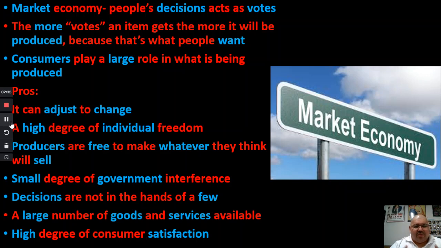So with the market economy, you and me, consumers, we play a huge role in what is being produced. Now, what are the good things about a market economy? First thing, it adjusts to change. Whenever people are like, oh man, I really like this, I really like that, things shift. The fads and the trends change like crazy, and the market changes with it.